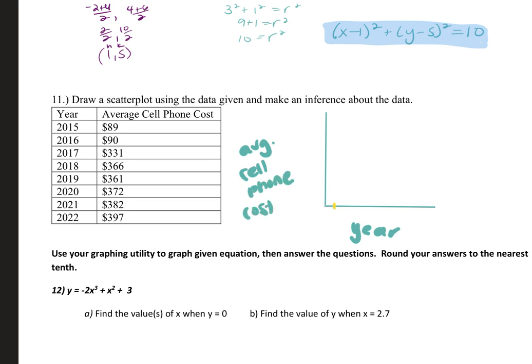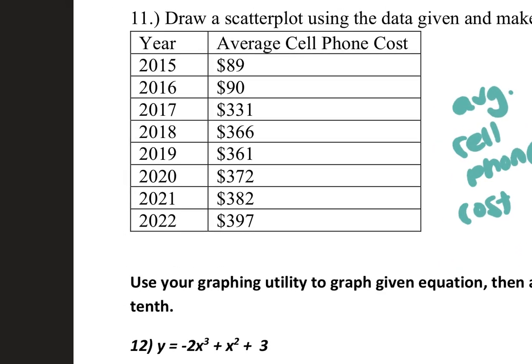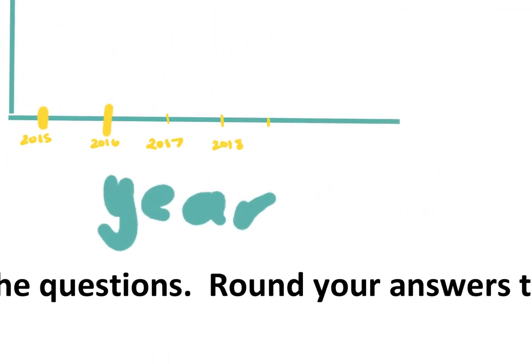So my year is 2015, 2016, 2017, 18, we're going all the way to 2022. 19, 20, 21, 22.